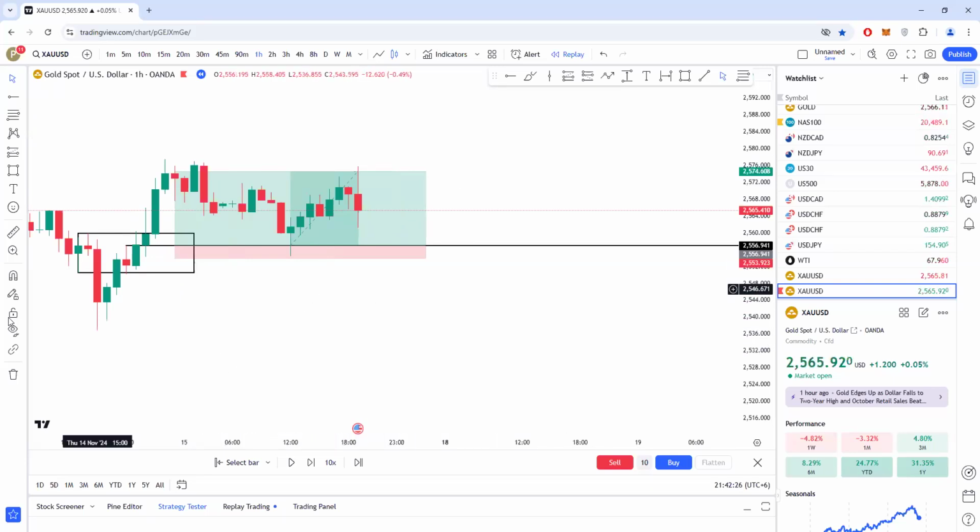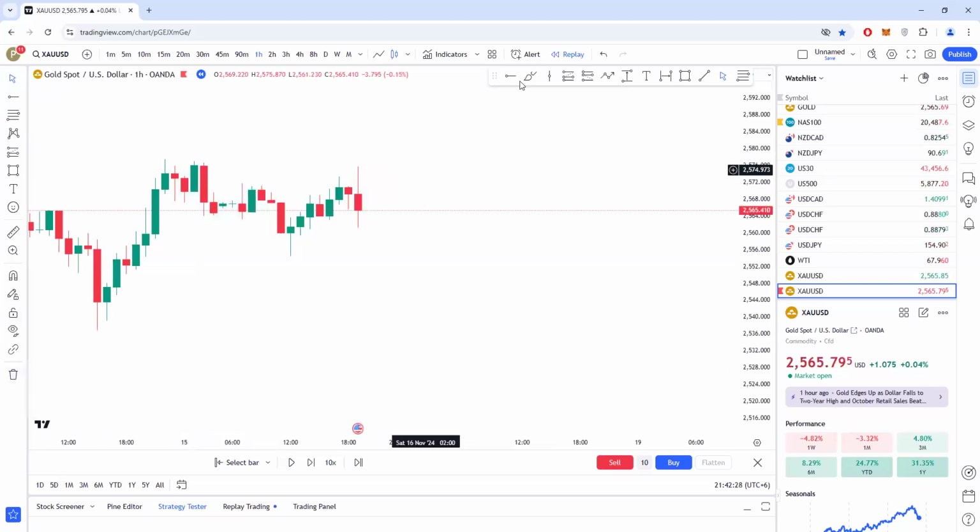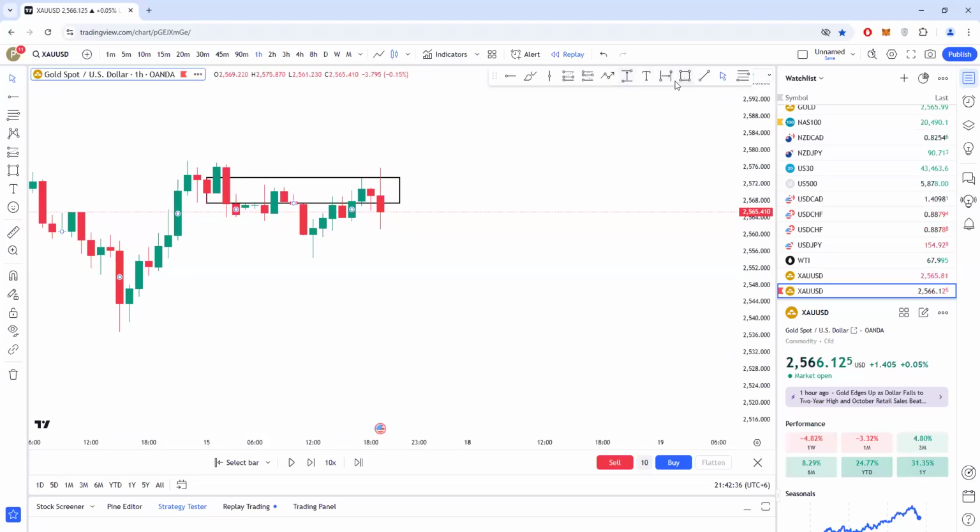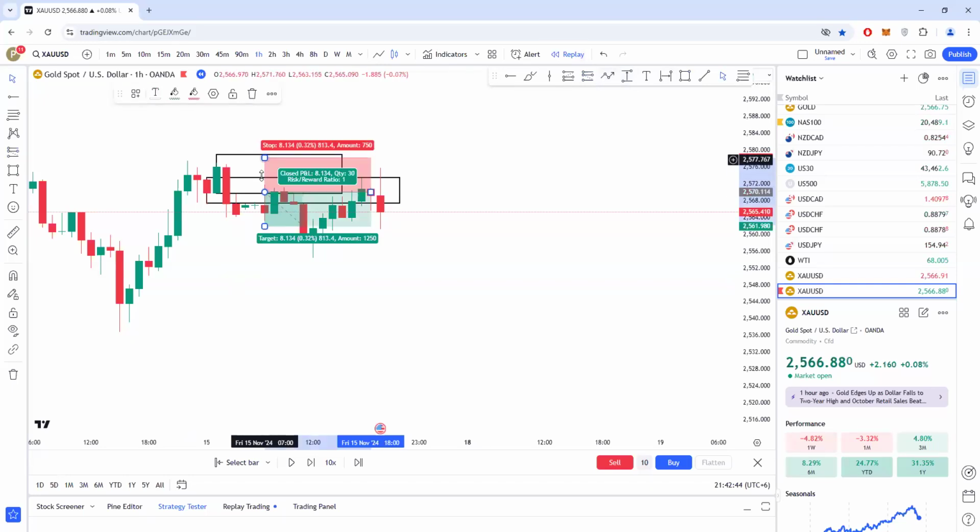Now you may see here, as I said, this engulfing buy has an overlapping, right? So the market goes back to that overlapping area and falls like this.